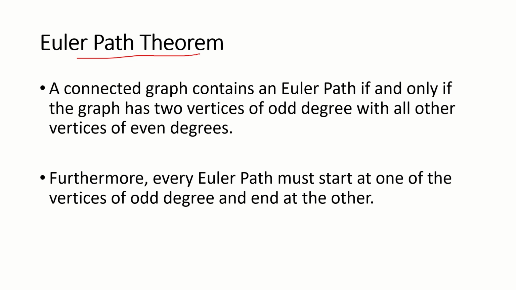Okay, but for the Euler path theorem, a connected graph contains an Euler path if and only if the graph has two, take note, has two vertices of odd degree. So only two vertices have odd degree, and the other vertices have even degrees. Furthermore, every Euler path must start at one of the vertices of odd degree and end at the other.